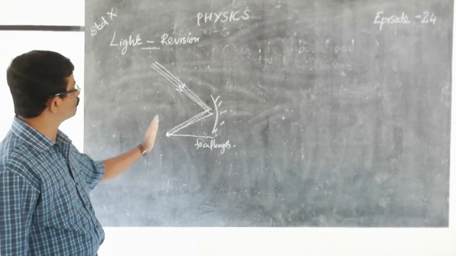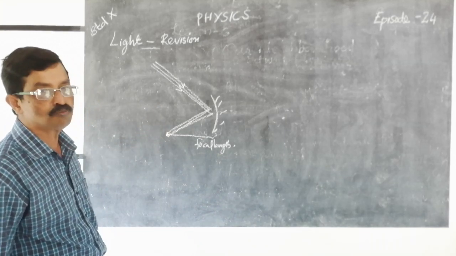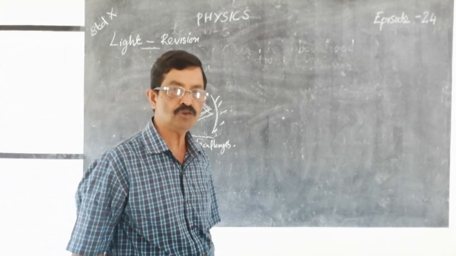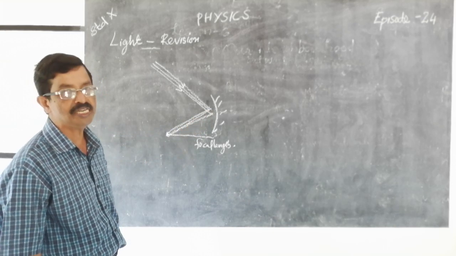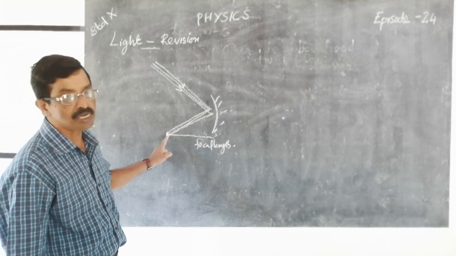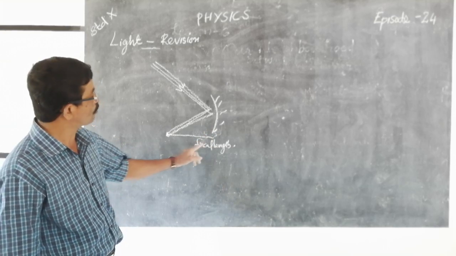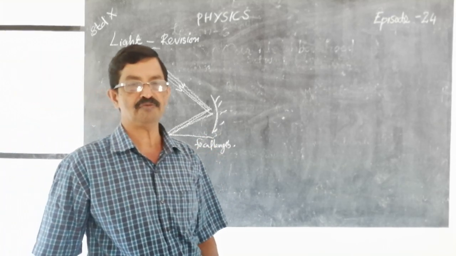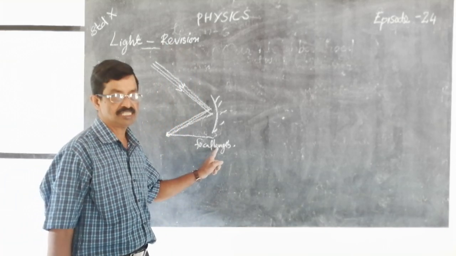By keeping this paper for some time, what happens? This paper starts to burn. So in this way we can find the focus of this concave mirror, and also we get the approximate focal length of this mirror. We get a nearly equal focal length from this.